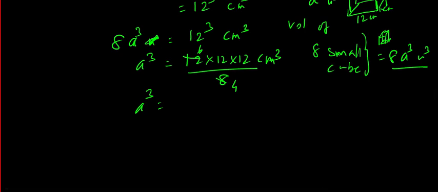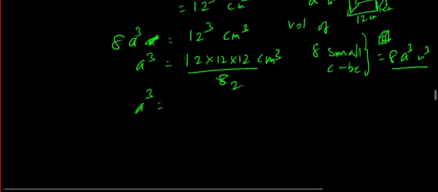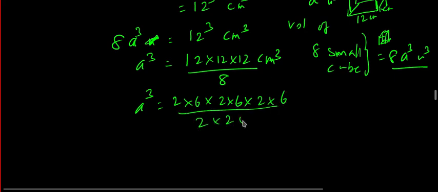Otherwise, it can be done this way: 12 can be written as 2 into 6, each of the three 12s, and the denominator 8 can be written as 2 into 2 into 2.